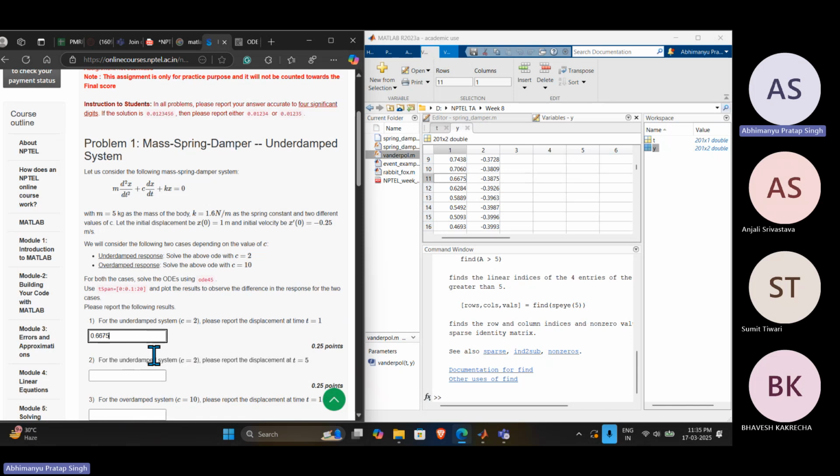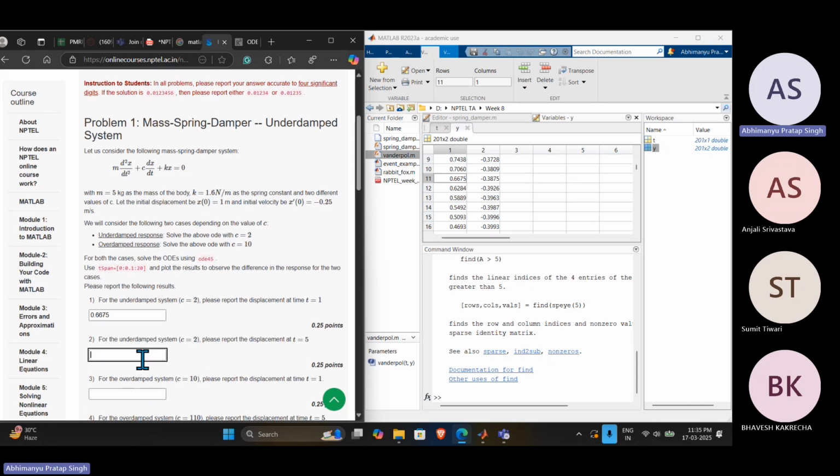Please report the displacement at t equal to 5 seconds. So that would be close to 51, and the value is minus 0.34.